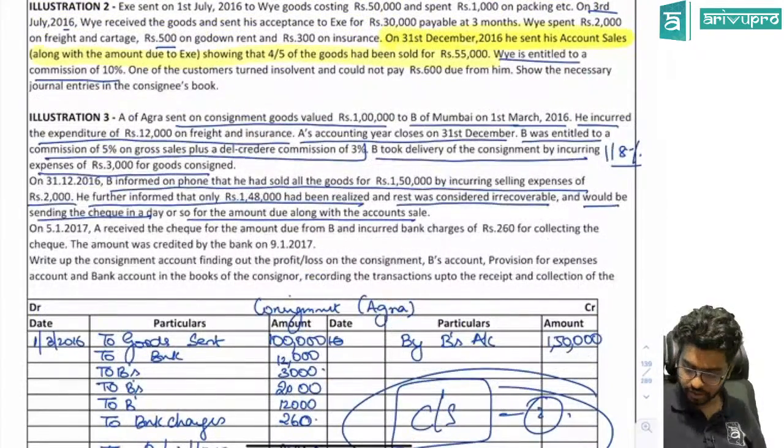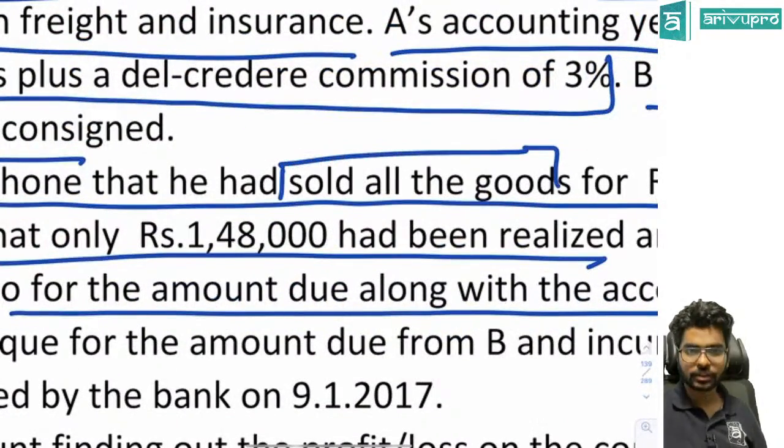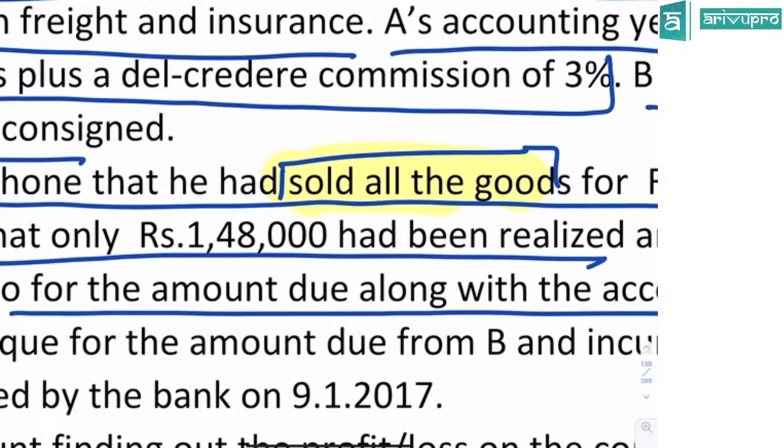I did not take the closing stock because see here, it says all the goods are sold.